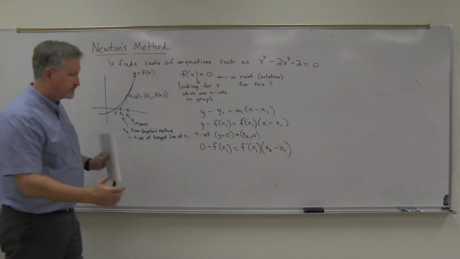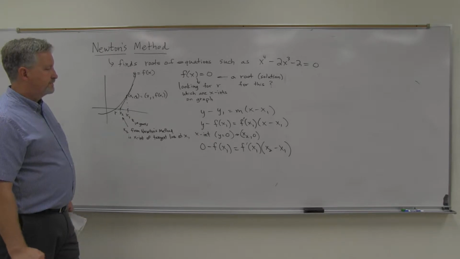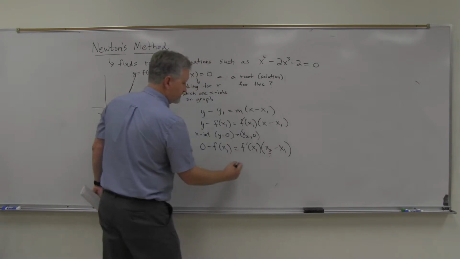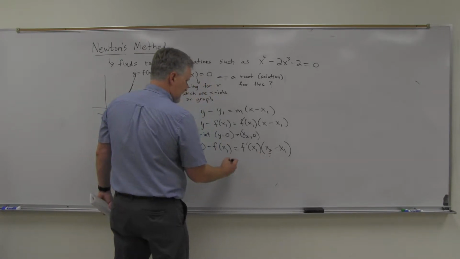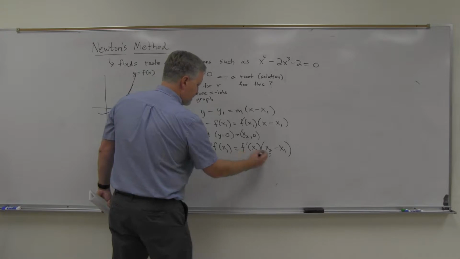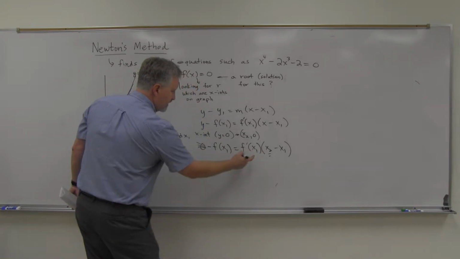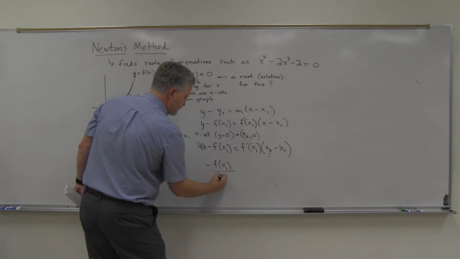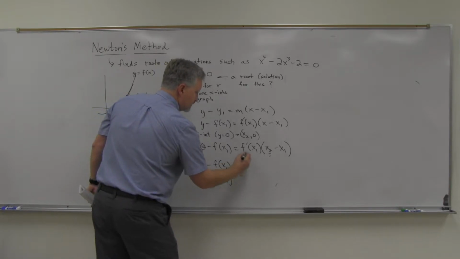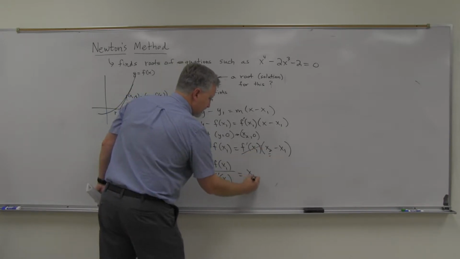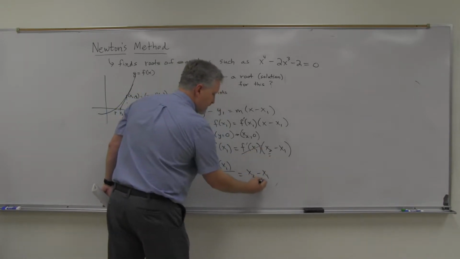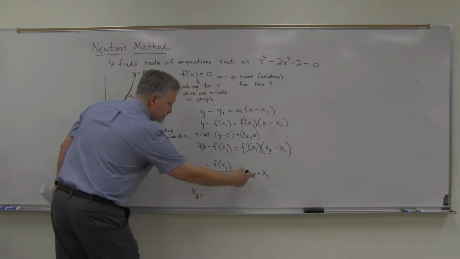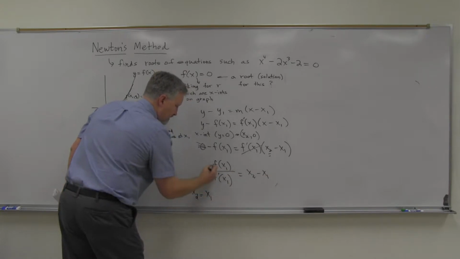Well, if I solve this for x2 now, because that's really what I'm interested in, here's what I get. Let's divide both sides by f prime of x1. So that'll get rid of that, and this side will just be x2 minus x1. So x2, if I add the x1 over, x2 equals x1 minus that.